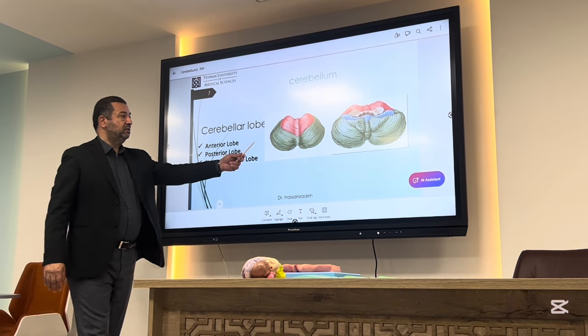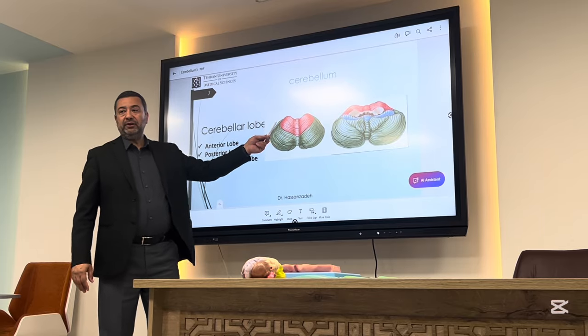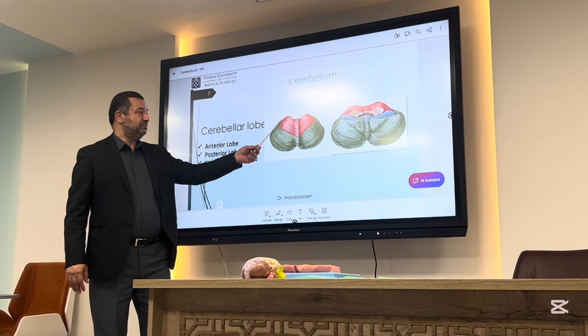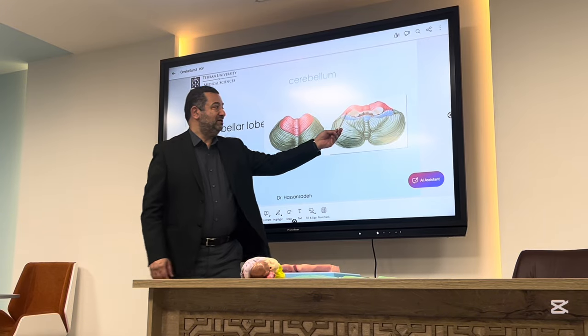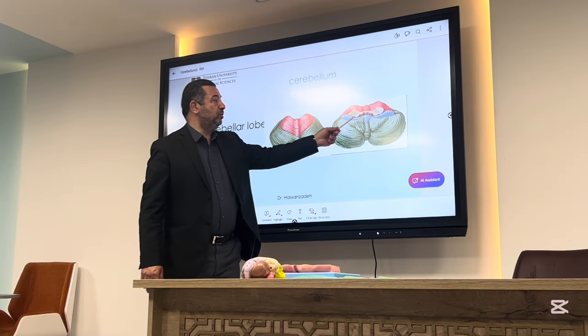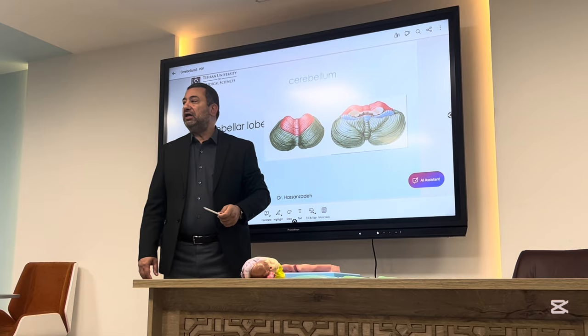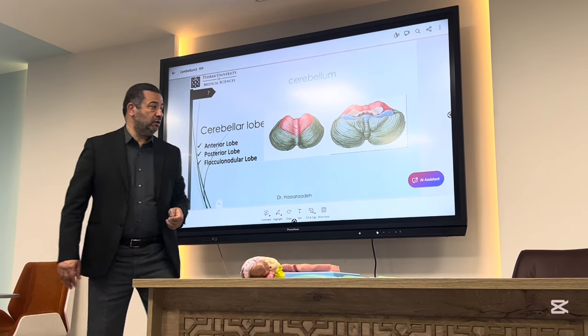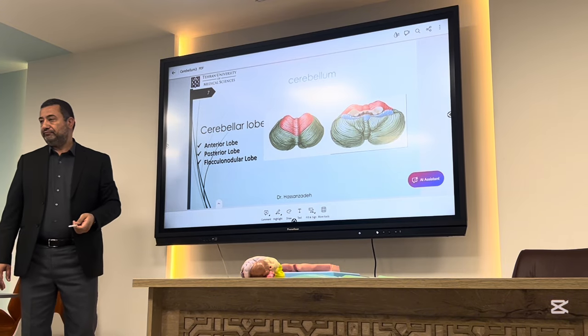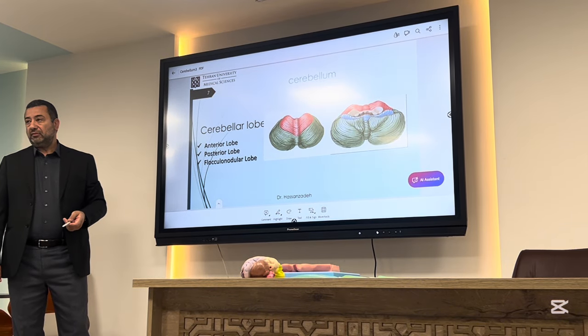You see here, this is anterior lobe, anterior to the primary fissure or fissura prima. This is posterior lobe, and these are cerebellar peduncles, and this blue part is folliculonodular lobe. Okay?